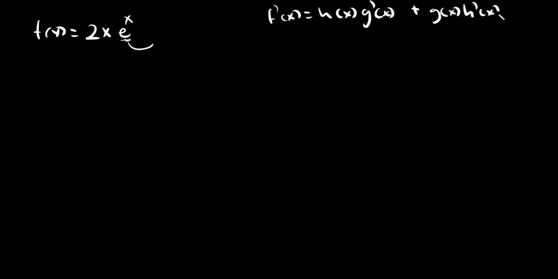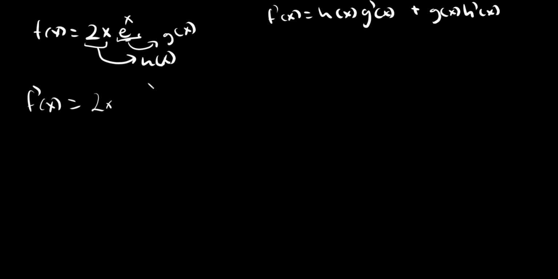All right, so now let's derive. Okay, so my 2x represents my h of x, and my e to the power of x represents my g of x. So f prime of x is going to equal, let's plug in h of x. h of x is 2x, right? 2x.